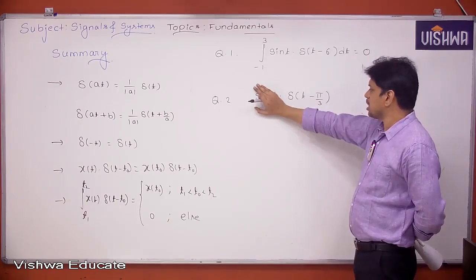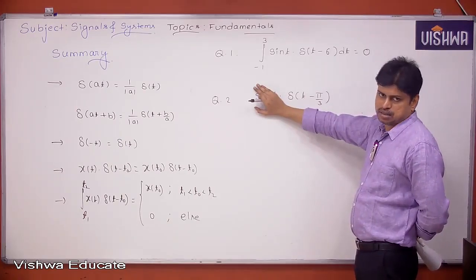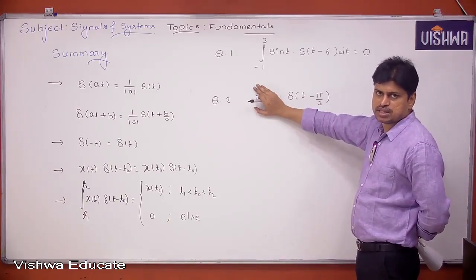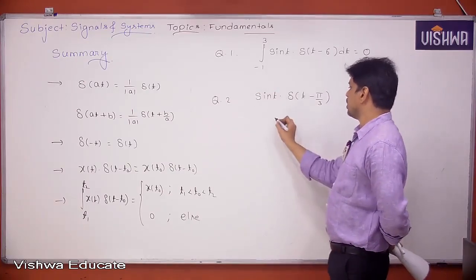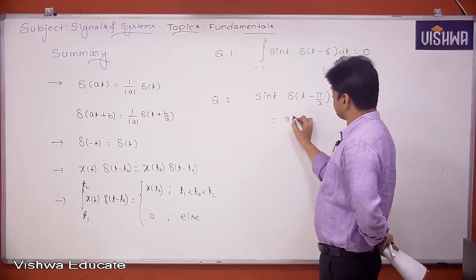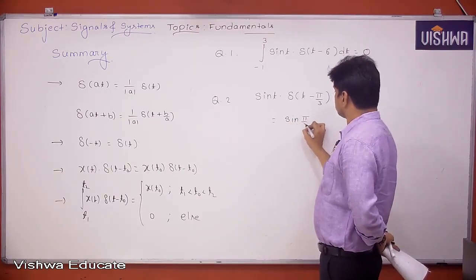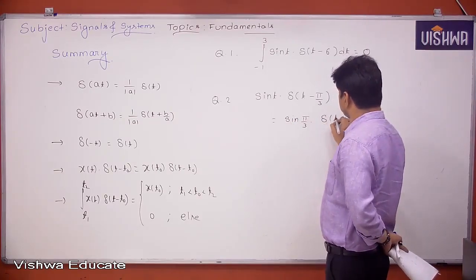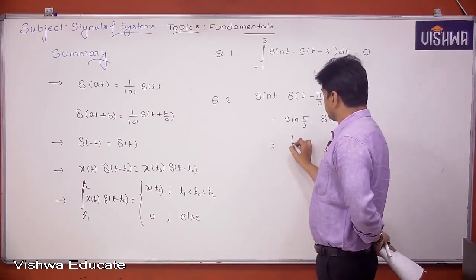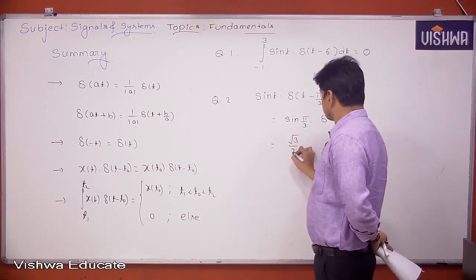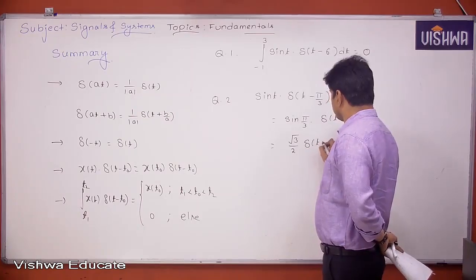Any function multiplied with delta t minus pi by 3, then t has to be replaced with t naught, which is pi by 3 in this case. So here we are going to get sin pi by 3 into delta t minus pi by 3. That is nothing but root 3 by 2 delta t minus pi by 3.